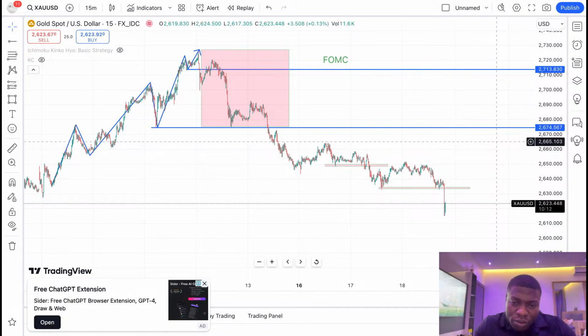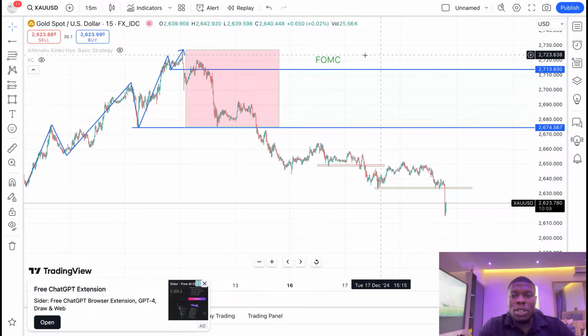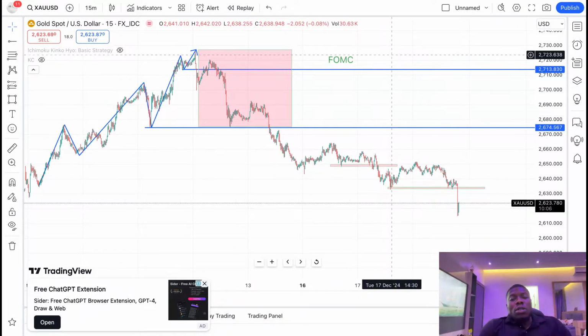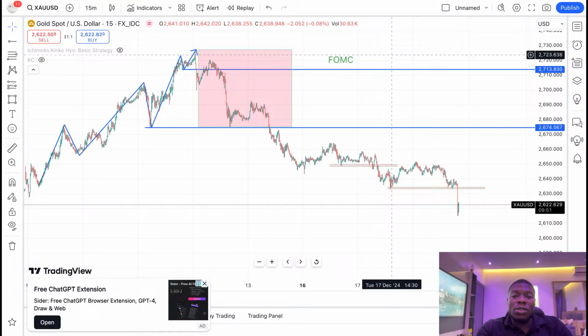So guys, this is where I would end today's class. We've been able to check Bitcoin, and we've been able to check gold for the first time. In the next class, I think I'll also look into the indices, so I'll be handling all of them.